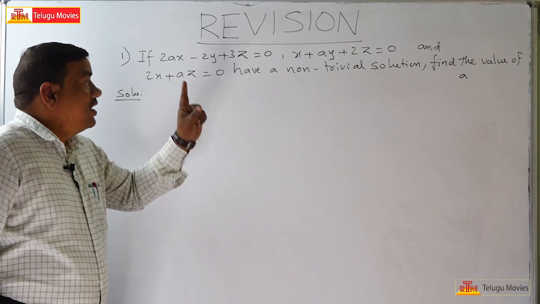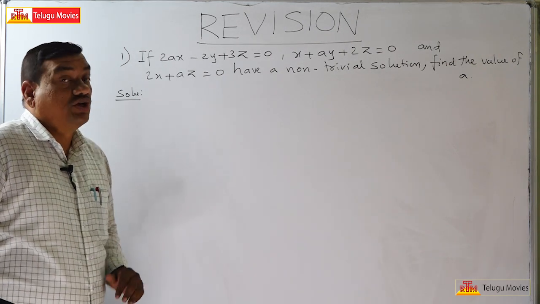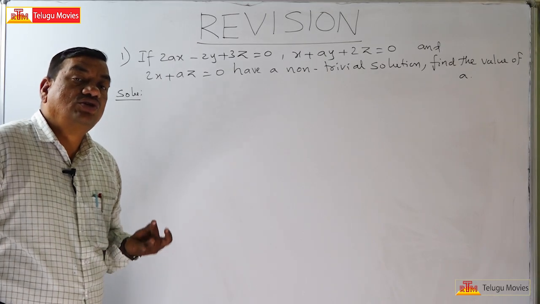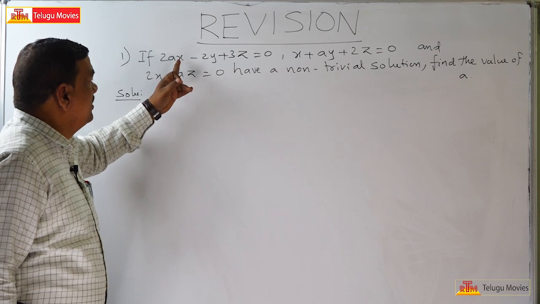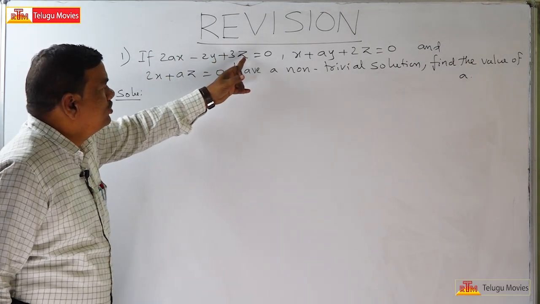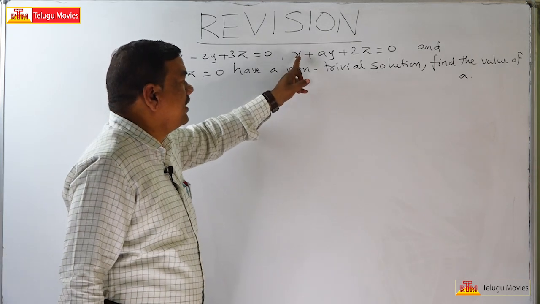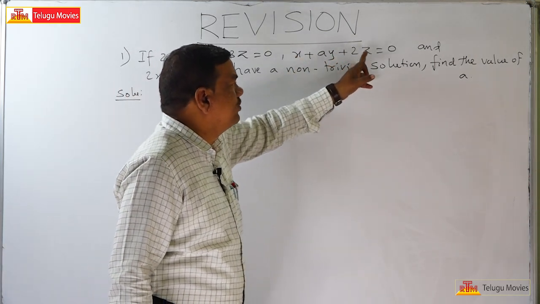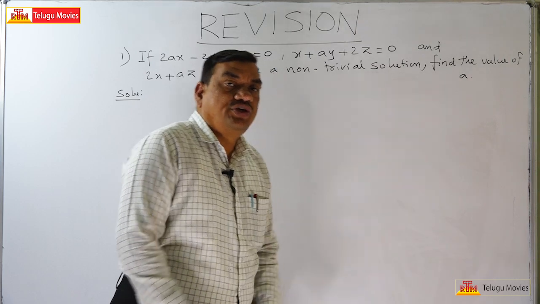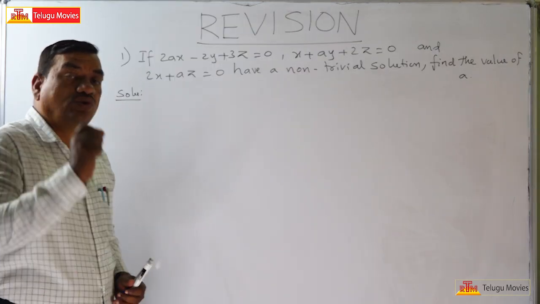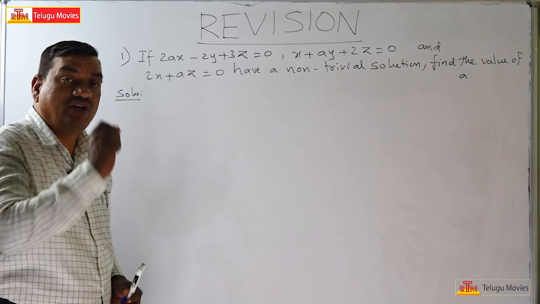He wants a non-trivial solution. Trivial solution is what? x is equal to 0, y is equal to 0, z is equal to 0. Substitute here, x is 0, y is 0, z is 0, 0 equals 0. Here also, 0 equals 0. Therefore x equals 0, y equals 0, z equals 0 is also a solution.